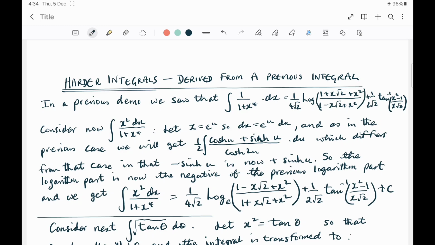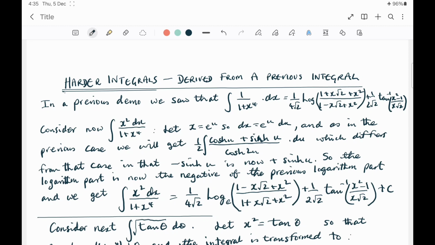As before, we'll let x equal e to the u, so that dx equals e to the u du, and going through the same procedure as we did in the previous case, we will get 1/2 (cosh u plus sinh u) over cosh 2u du, which differs from that previous case in one respect only.